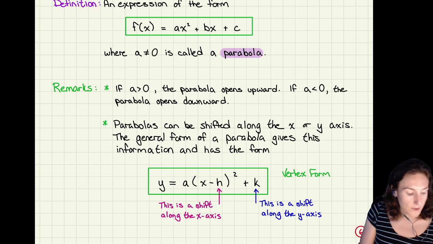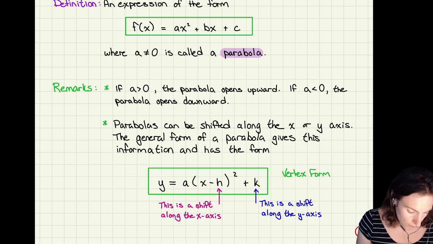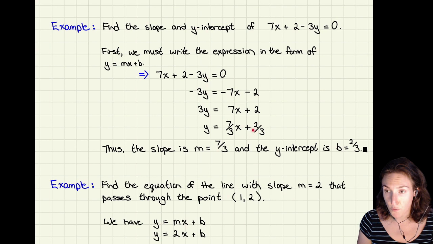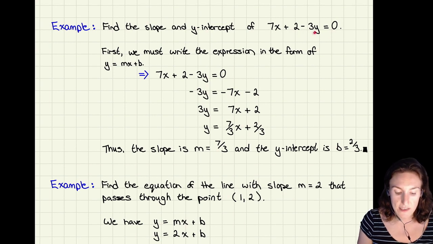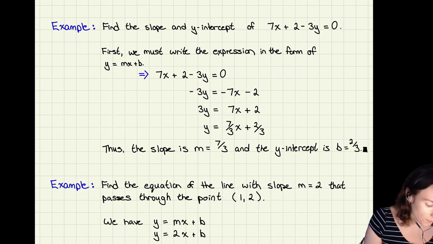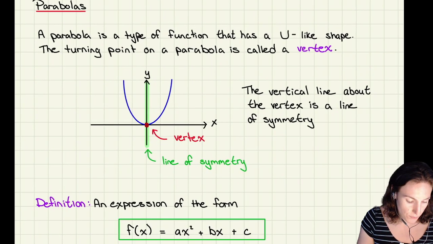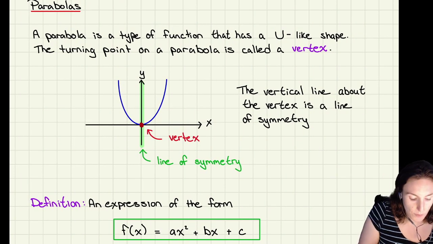So similarly to when we were doing the problem with the equation of a line, it's easy to quickly tell what my slope and my intercept is in this form. Not so easy to tell in this form. For parabolas, it's a similar thing. What if this parabola had my vertex at the origin?